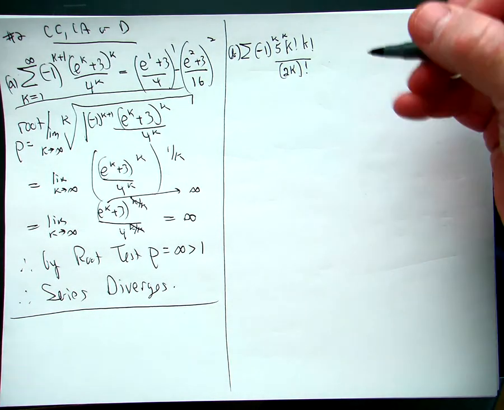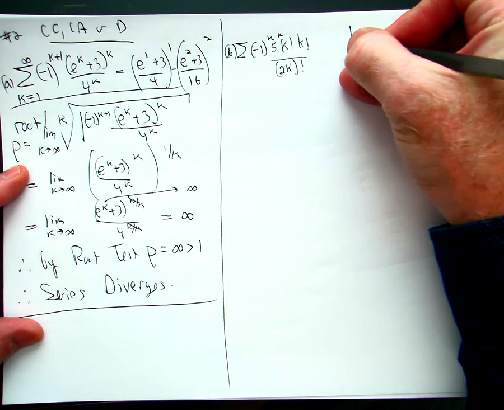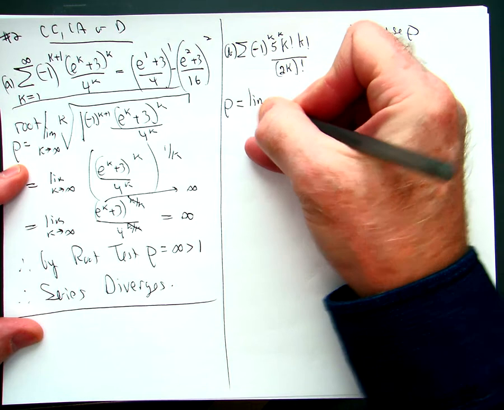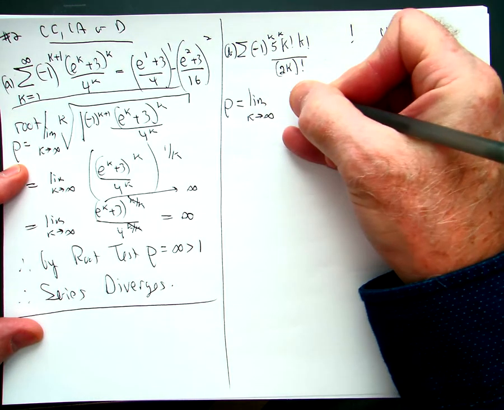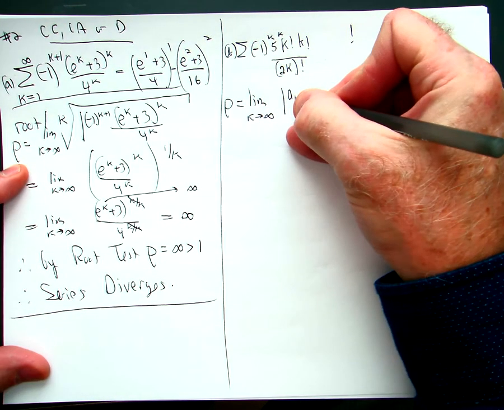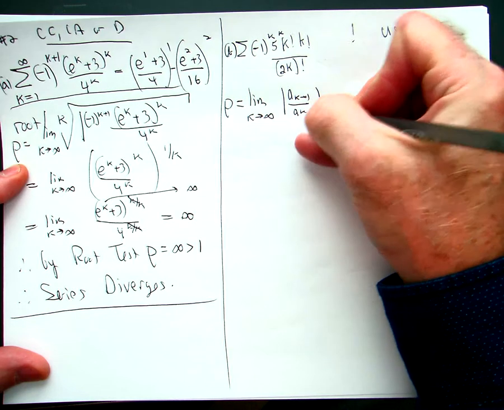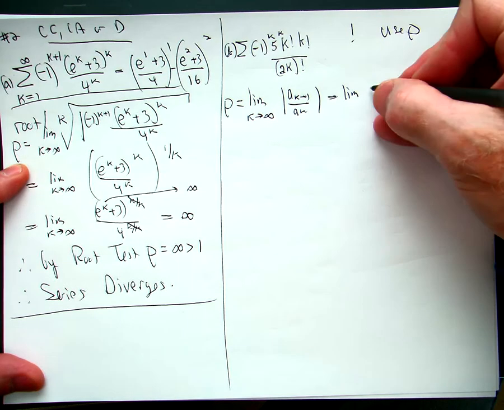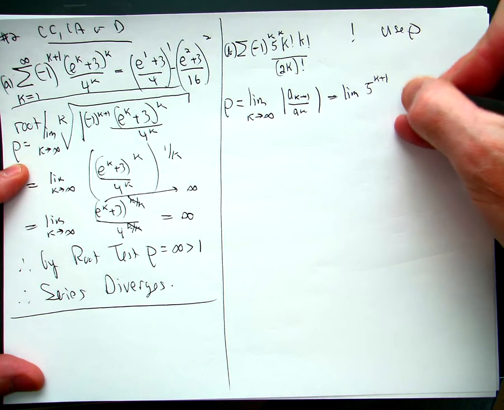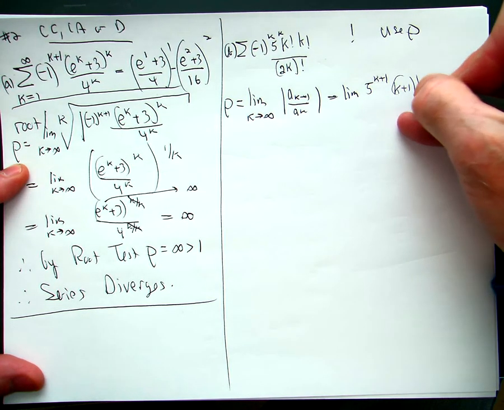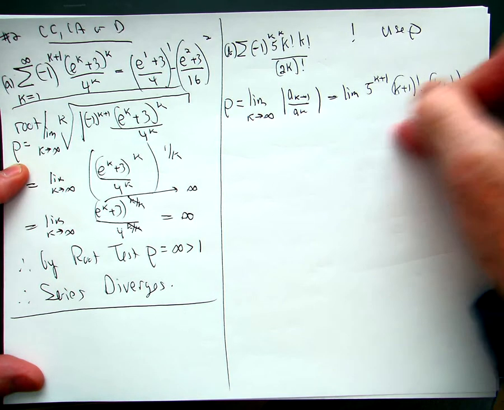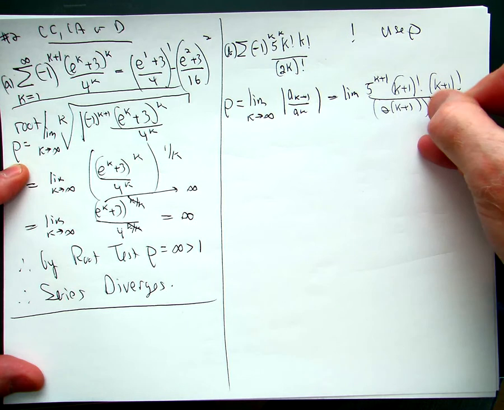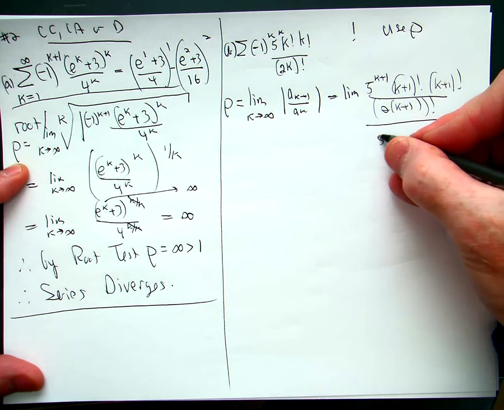Okay, this one, there's really only one way to look at it. And because it's got factorials, you want to use the ratio test. So I'm going to set up the ratio limit and be patient while I do it. So absolute value of a k plus 1 over a k. The absolute value is going to take care of the minus signs, so I'm not going to bother with those. I plug in everywhere there's a k, I increase it by 1. And that's going to be 2 over k plus 1 quantity factorial, all over the series itself.